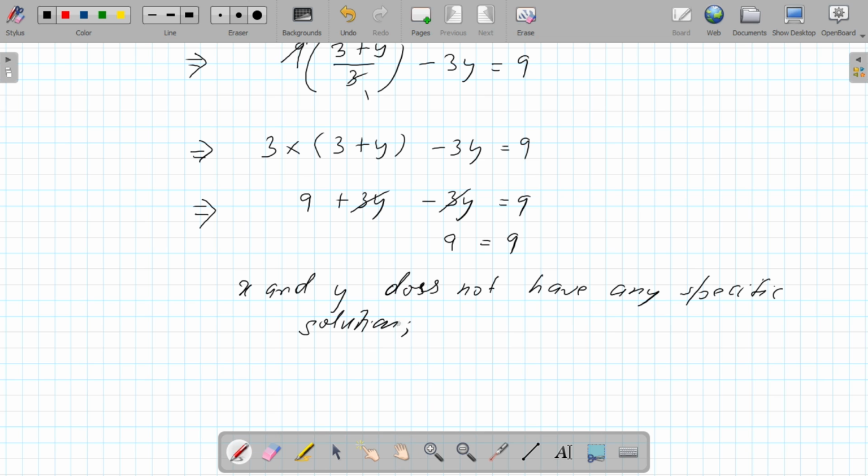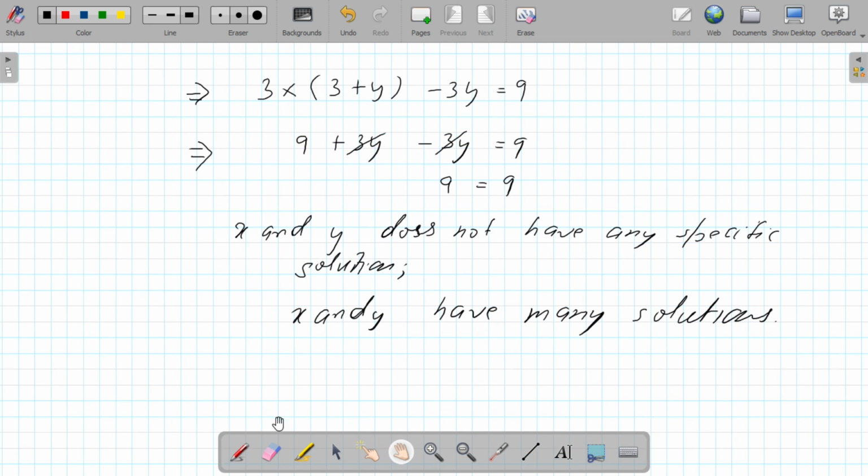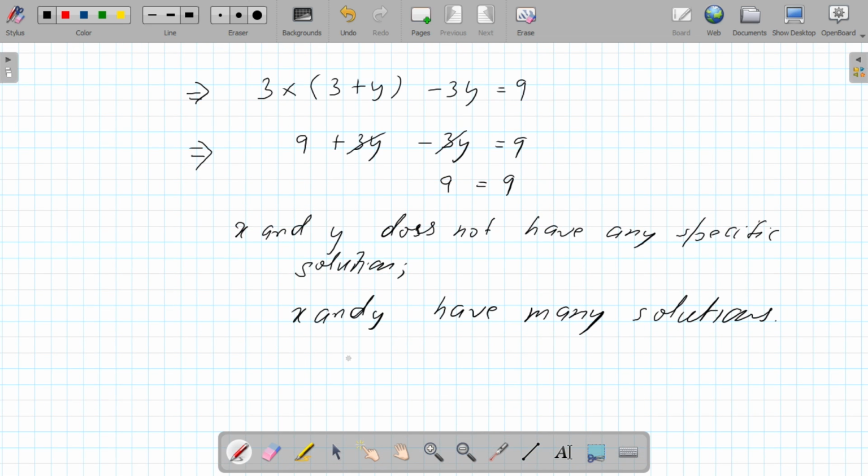So here x and y have many solutions, and also both equations are equivalent to each other.